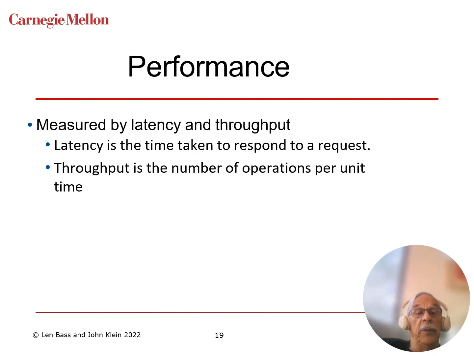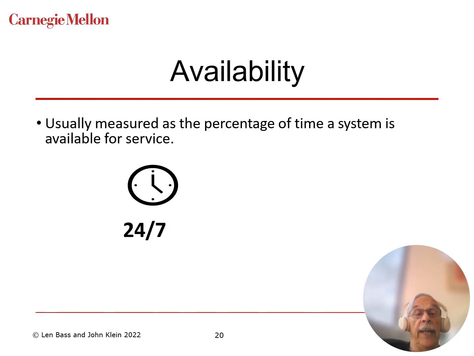So what's performance? Well, performance is measured by latency. How long does it take to respond to a request? And it's measured by throughput. How many requests can I do per unit time? What's the measure of number of operations per unit time? And availability is measured by the percentage of time a system is available for service.